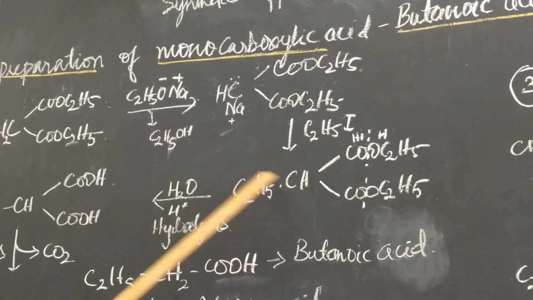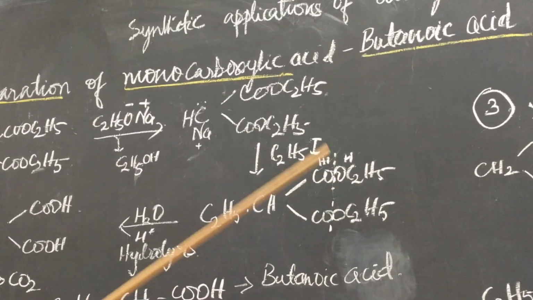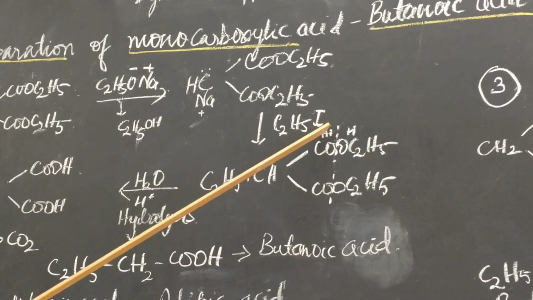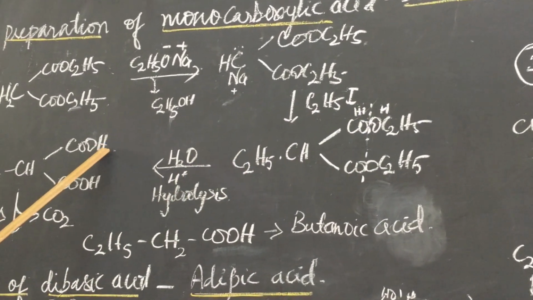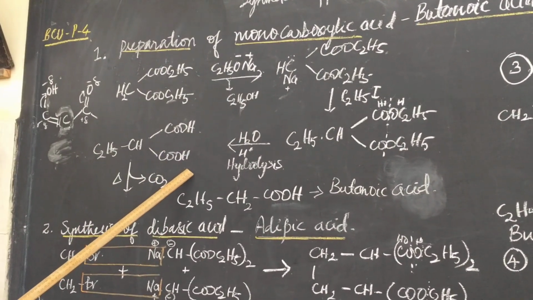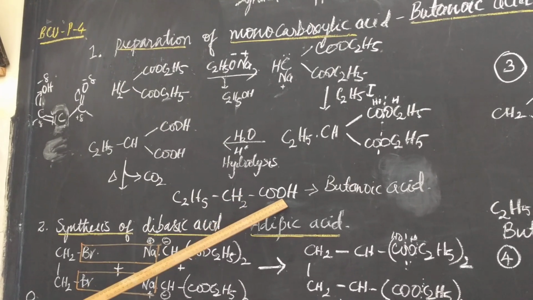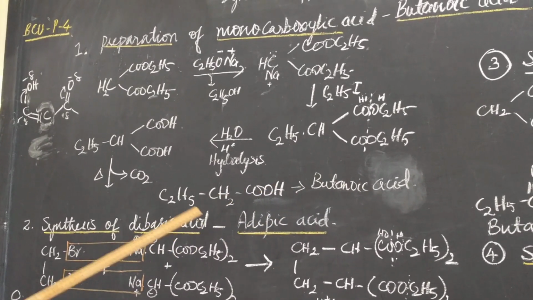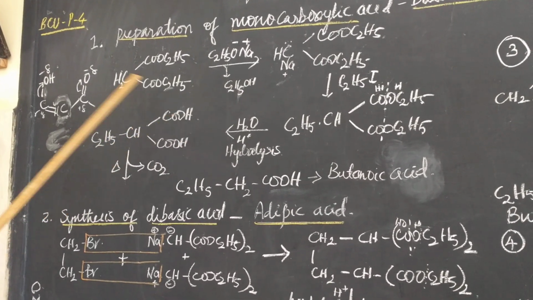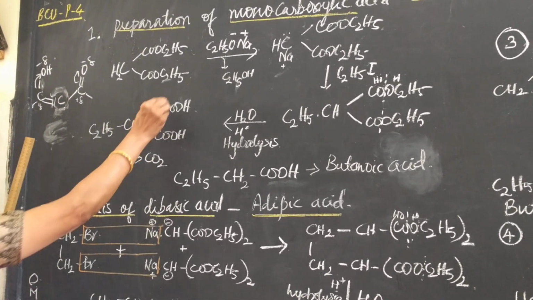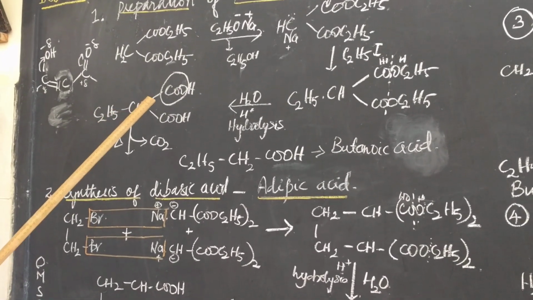When I hydrolyze this compound, hydrolysis is breaking up an ester bond here, and OH attaching here, H attaching here. So when I hydrolyze, I get the carboxylic group. So I have two carboxylic groups, but I want only one carboxylic group in my product. Therefore, what do I do? I remove this carbon dioxide. This removal of carbon dioxide, we call decarboxylation.